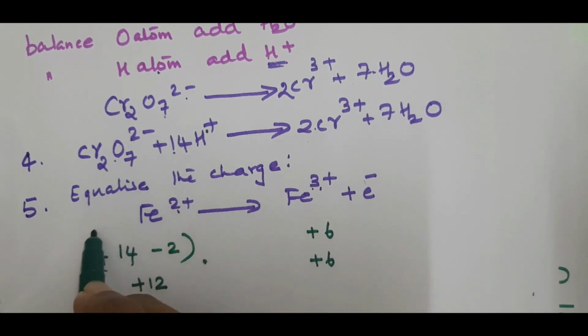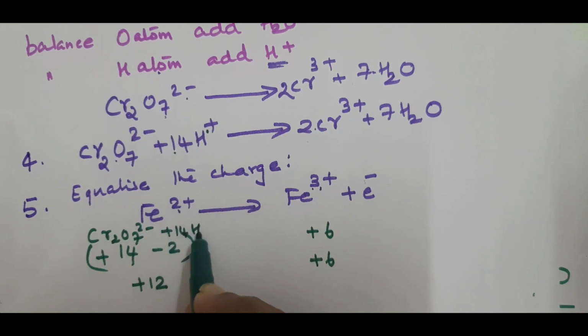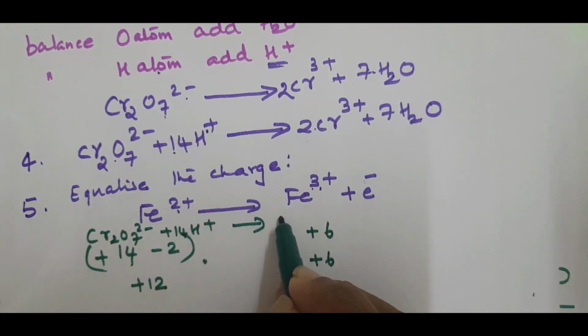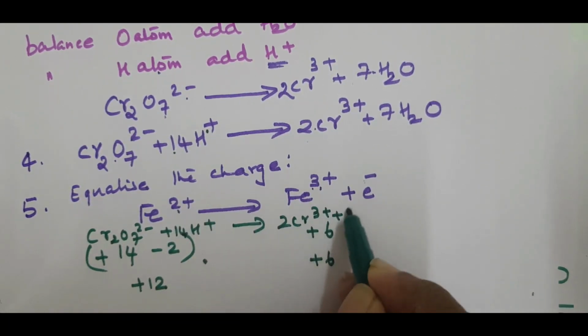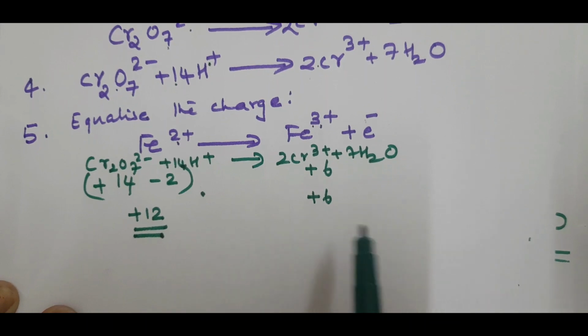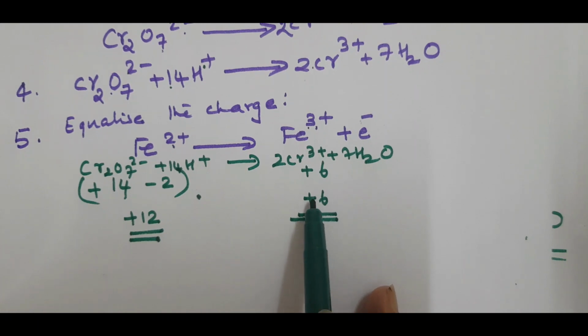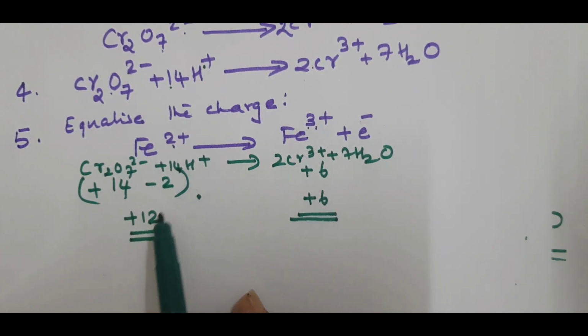In the reaction Cr2O7 2- plus 14 H+ will give you 2 Cr3+ plus 7 H2O, on the left hand side the charge is plus 12, and on the right hand side the charge is plus 6. Correct.